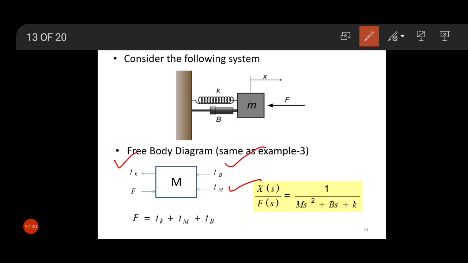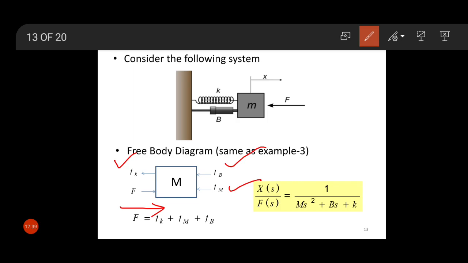All these three forces oppose the displacement, because our displacement is in the direction of the applied force. So the reaction force, reactive force and restoring force oppose the direction of displacement, and only the applied force is in the direction of displacement. Okay, clear?